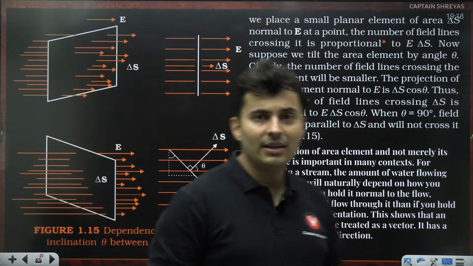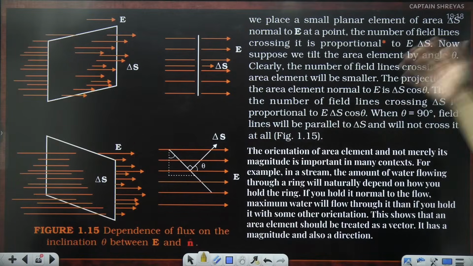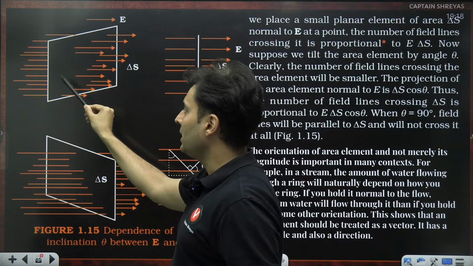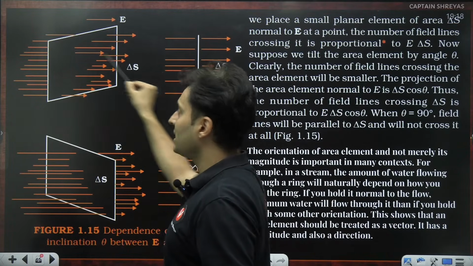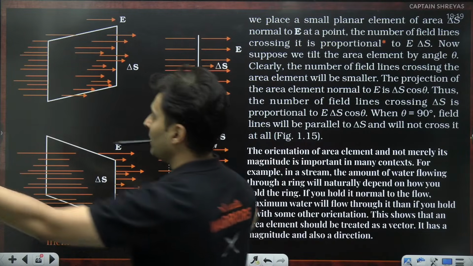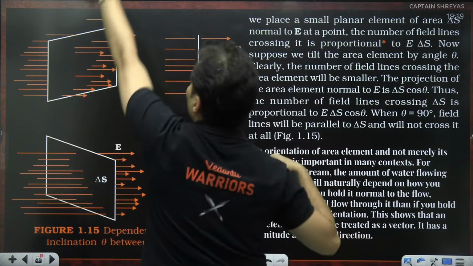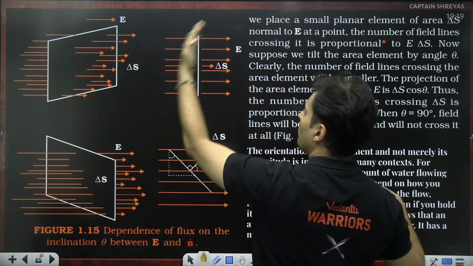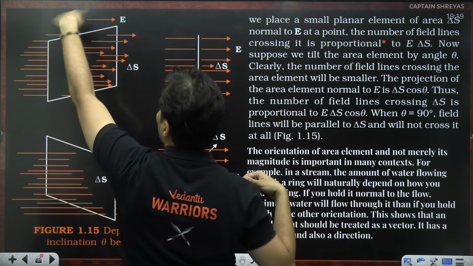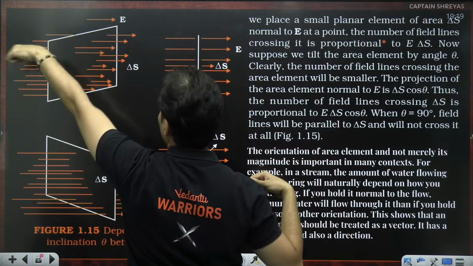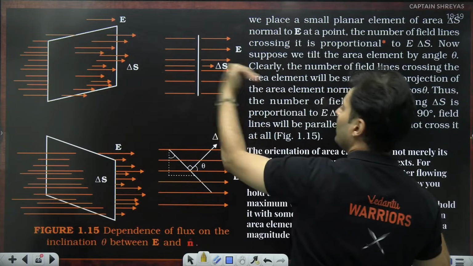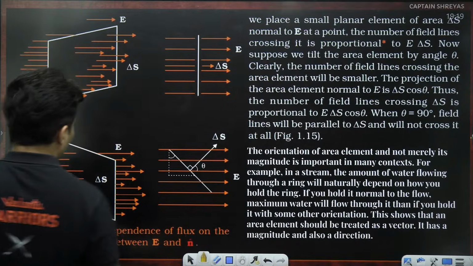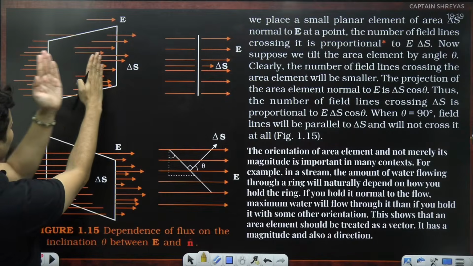Okay. For that, they have given different examples. Starting off with this. Imagine this rectangular sheet. Imagine these field lines intersecting that rectangular sheet. If you look at it from the side or from the top view, you will see the field lines are moving perpendicular to that sheet. If you look at it from the top, the field lines are basically going through that sheet perpendicular to it. Now, what they have done in the next scenario is that they have taken this sheet and turned it slightly here.